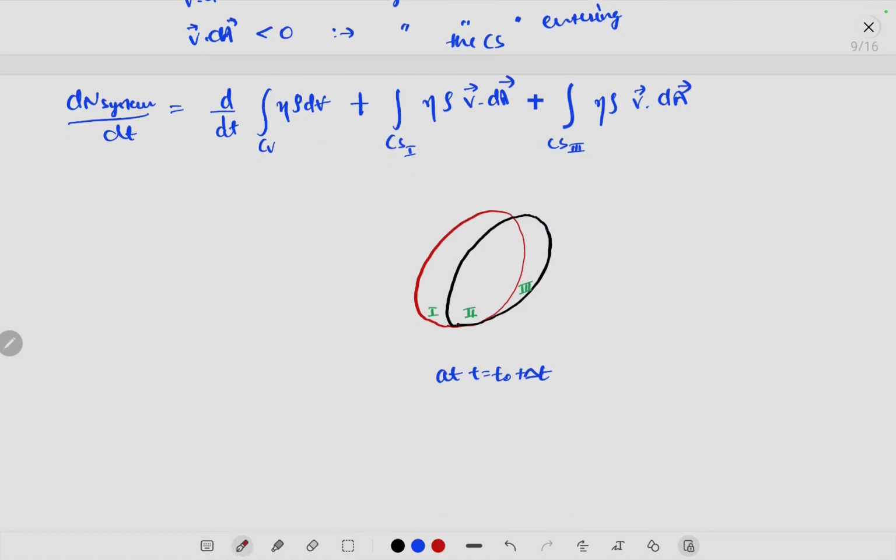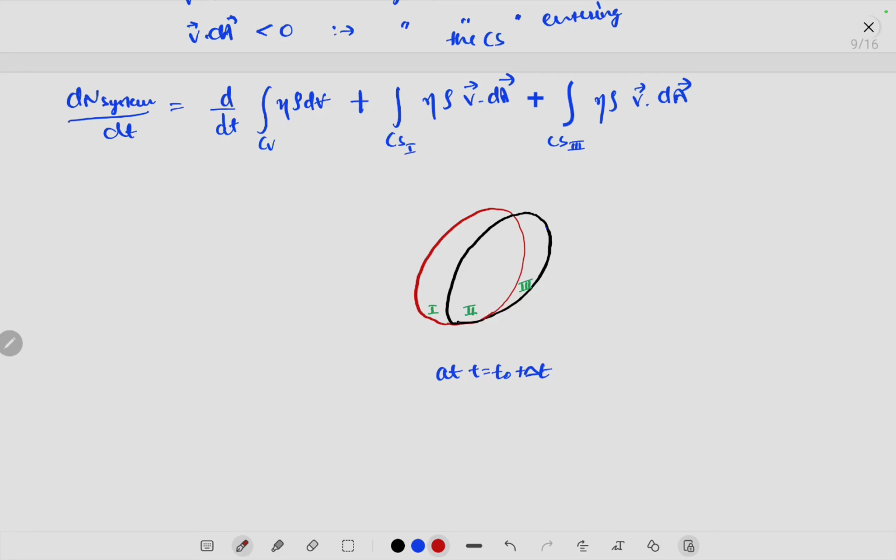Okay, so what is cs3? cs3 is this surface. And what is cs1? cs1 is this surface.